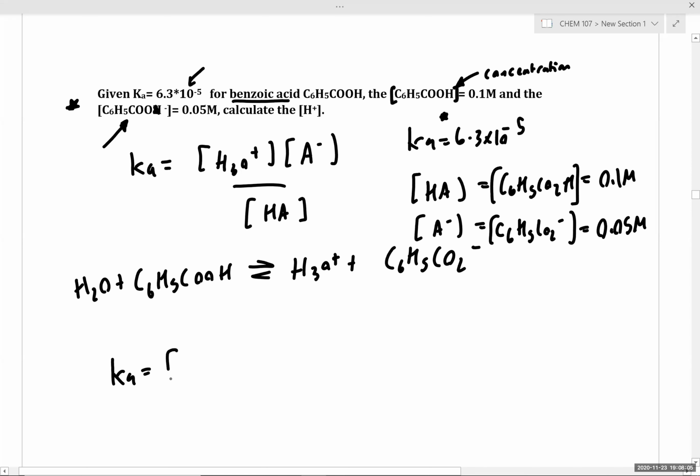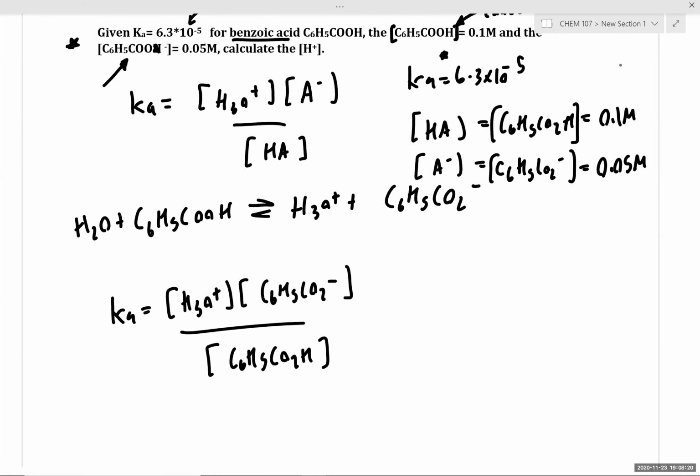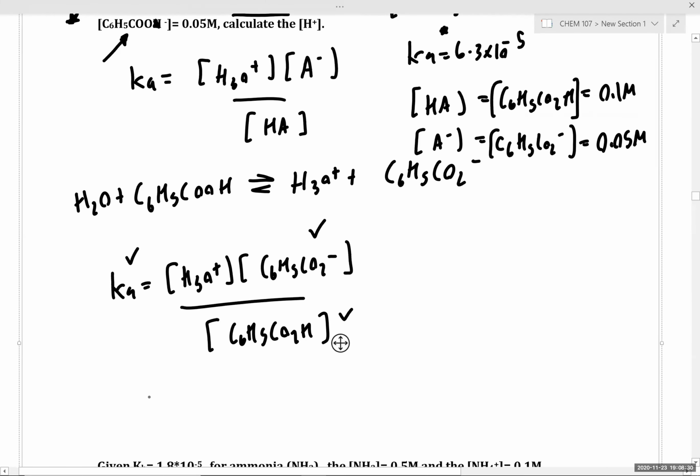So we know that Ka is the concentration of H3O plus times the concentration of C6H5CO2 minus over the concentration of C6H5CO2H. Now, plugging in our numbers, we know the Ka as well as our parent acid and conjugate base concentration, so we can solve for H3O plus.